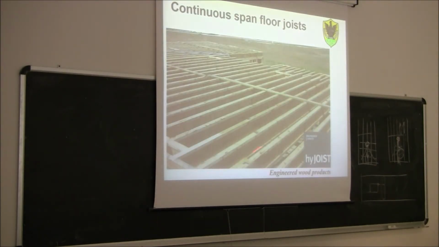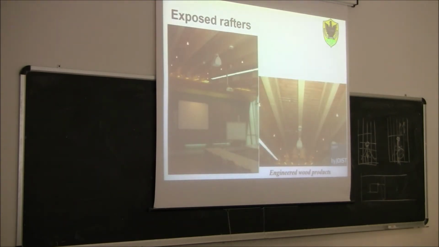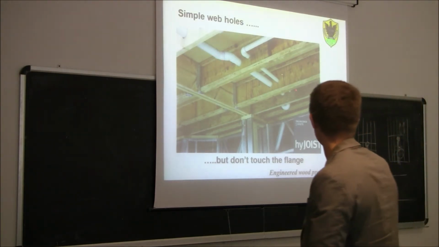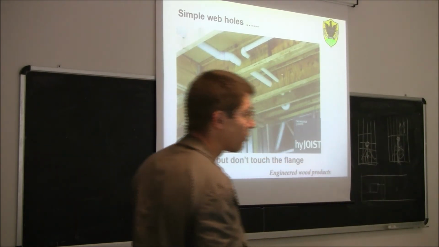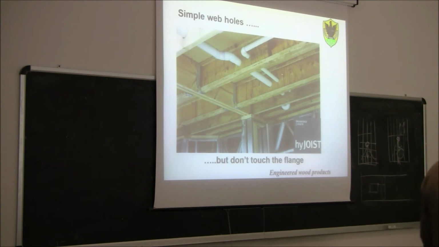Some applications: this I-joist here for a floor. For the purlins, the arcarecci here, of a roof. And some other applications. Of course, those are quite simple for making penetrations through them. The idea, of course, is that we should try to make these holes in the parts which are less stressed.